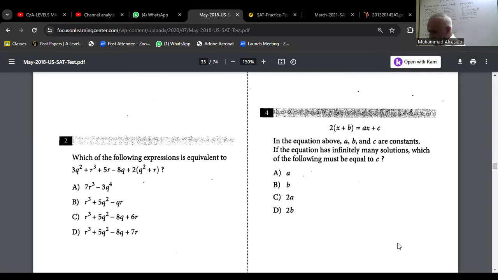So we can write this equation as ax plus ab is equal to ax plus c. So ab is equal to c.